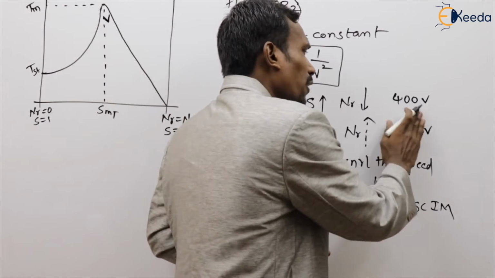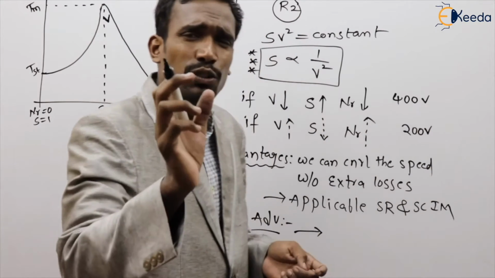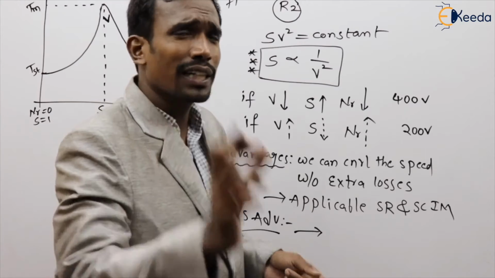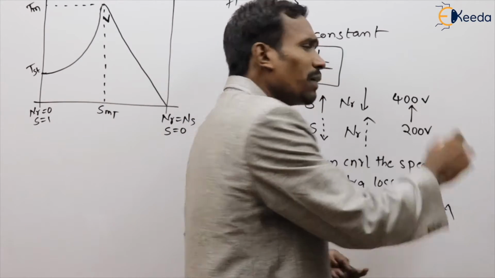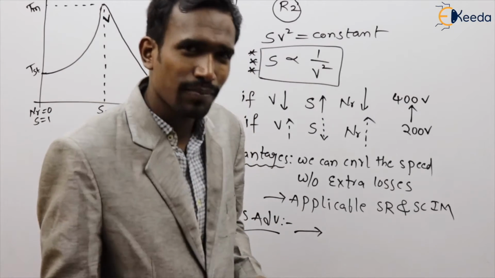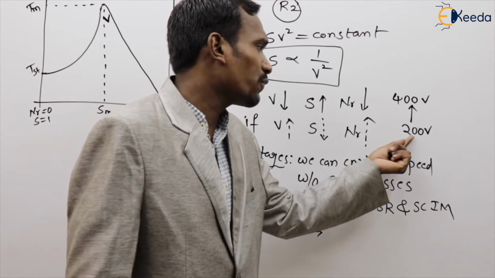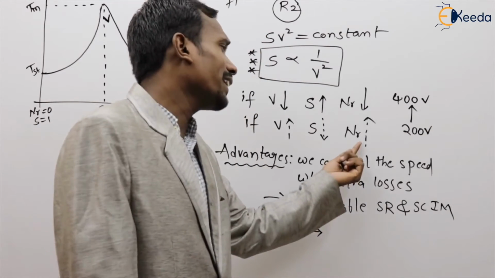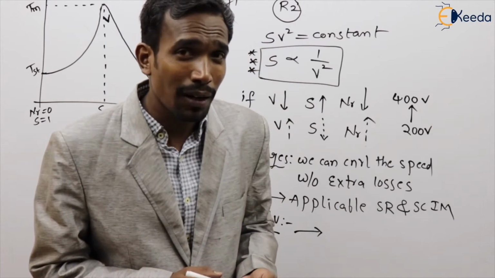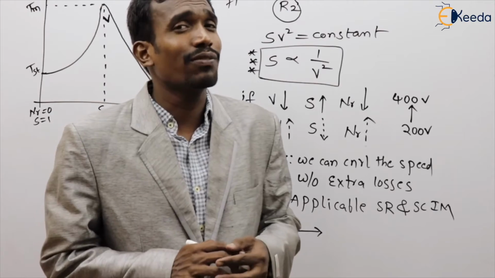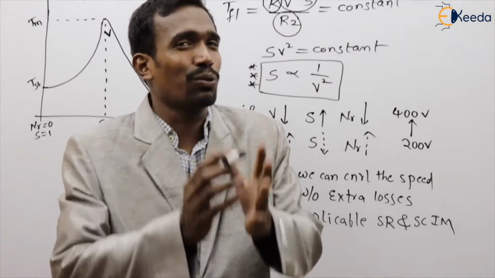Nothing but if the voltage is 200 volts, actually the rated voltage of the induction motor is 200 volts, then we have to increase the voltage from 200 to 400. If voltage is increased from 200 to 400, we can increase the speed of the machine, of course. But the rating of the motor is 200 volts actually.